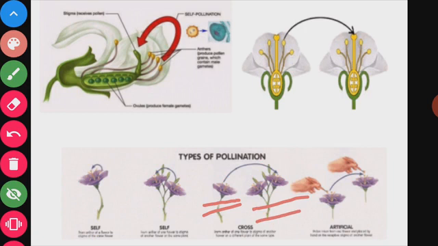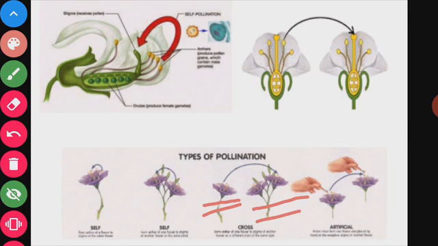Okay, pollination cannot take place on its own. Pollen grains are transferred from anther to stigma, whether in the same plant, in a different plant, from one plant to another, or from one flower of one plant to another flower of the same plant. But there are agents by which pollen grain is transferred from anther to the stigma.